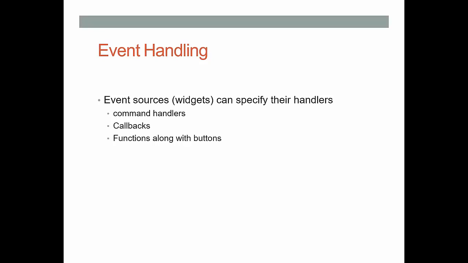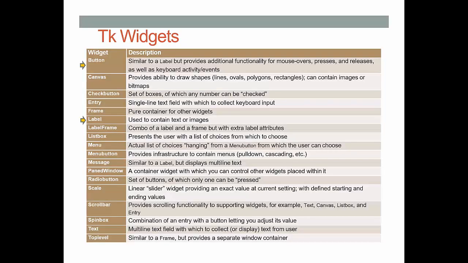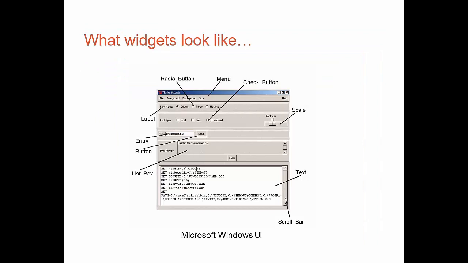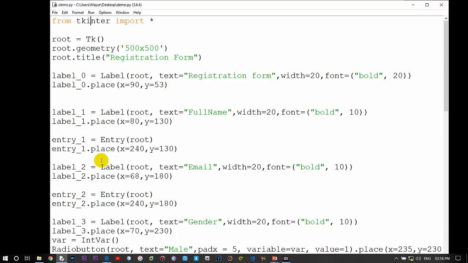These are some examples of widgets which you can use within Tkinter applications, like canvas, check buttons, radio buttons, frame, menu buttons, scroll bar, etc. This is the basic outlook of a widget if you create it in Tkinter. Let me show you a small form which I've already created.